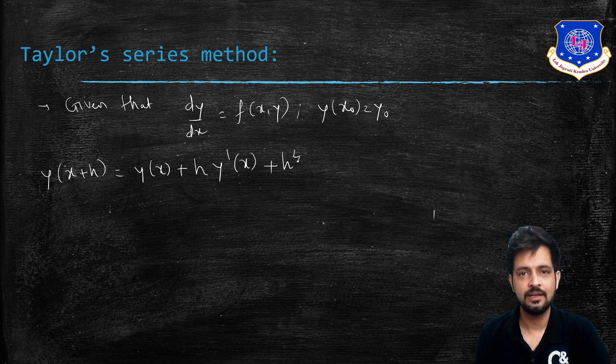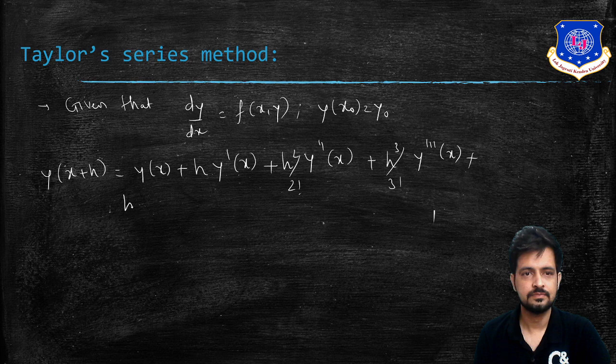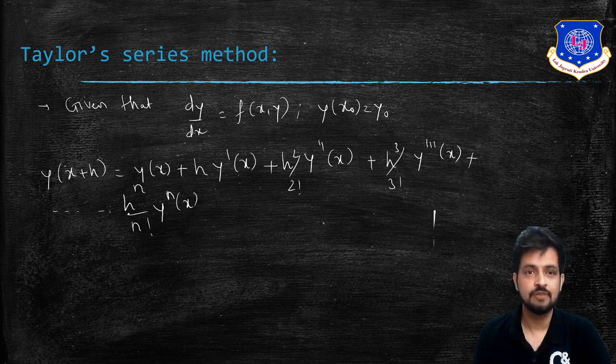You have to directly remember the formula, plus h square by 2 factorial y double dash of x plus h cube by 3 factorial y triple dash of x plus and so on, h raised to n upon n factorial into y raised to n of x. So in this way you can find the solution with the help of Taylor series. This is a general formula.